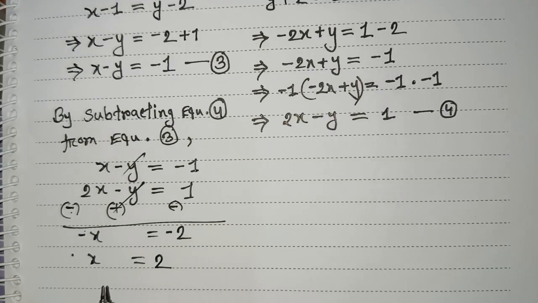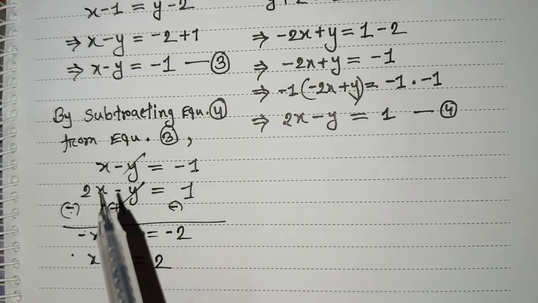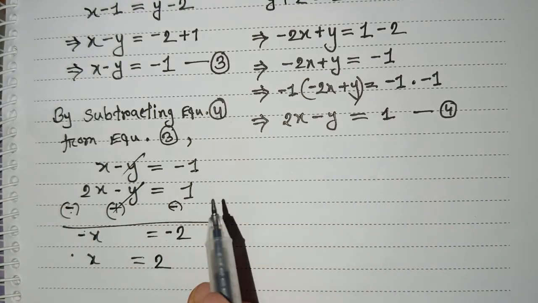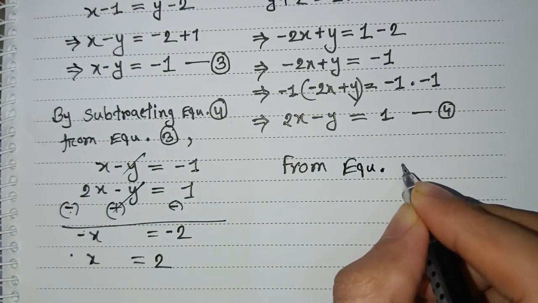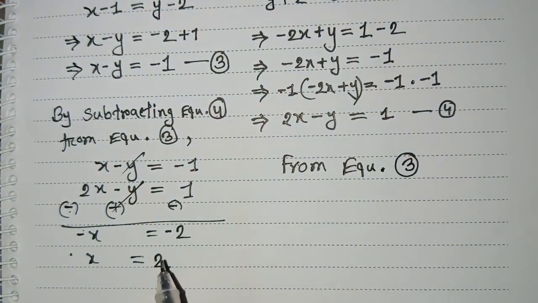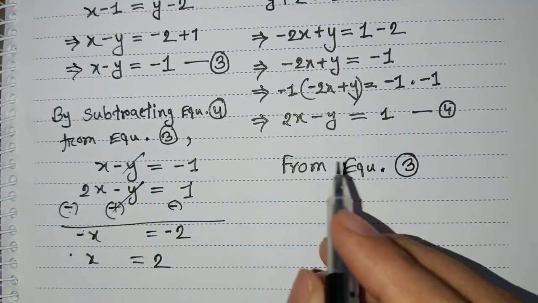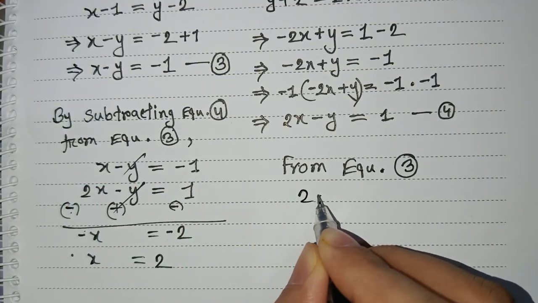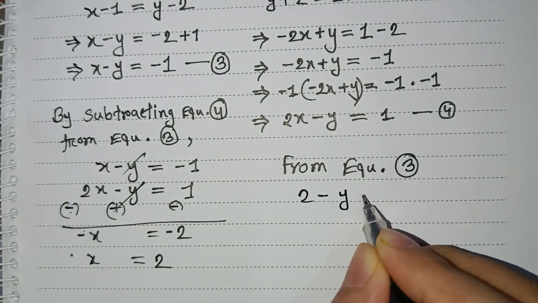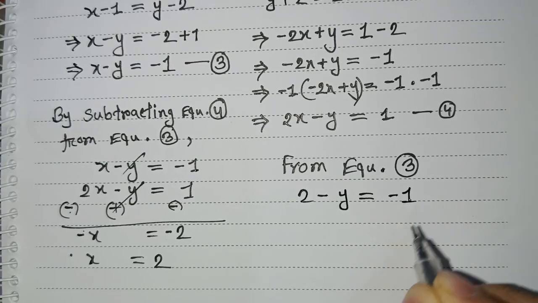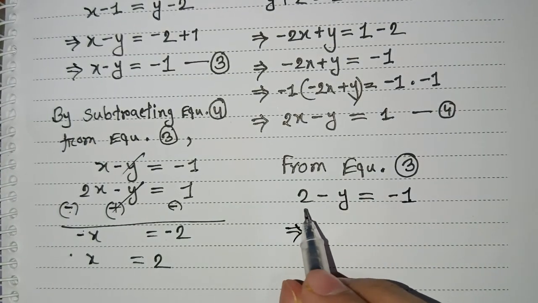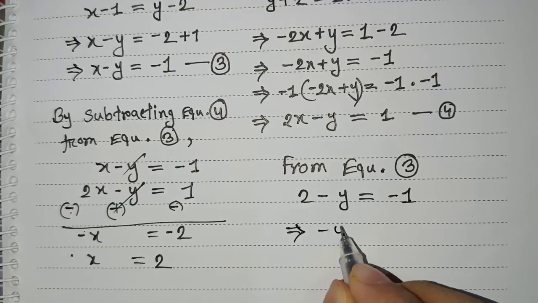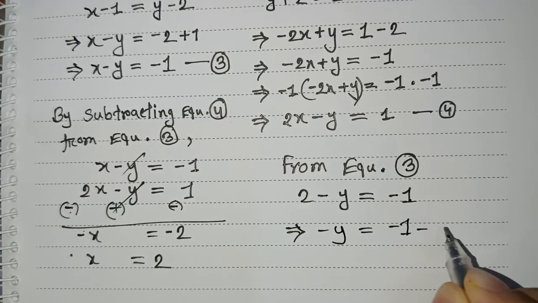Now using the value of x in equation number 3 or 4, we get the value of y. Equation number 3, substituting the value of x, 2 minus y equals minus 1. Moving 2 from the left side to the right side, it becomes negative 2.